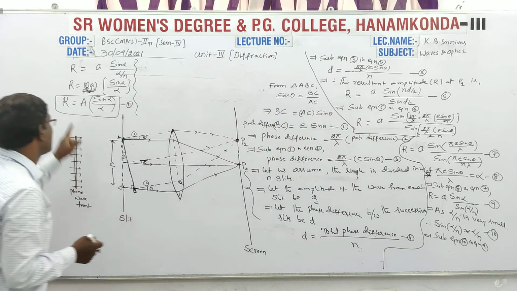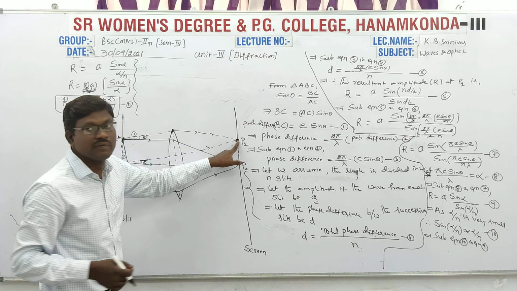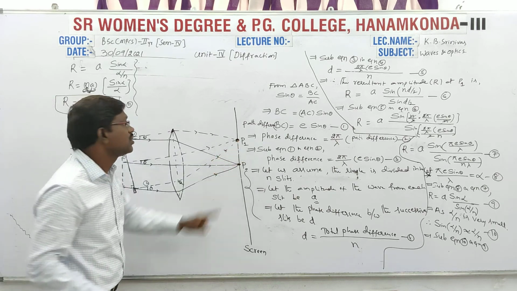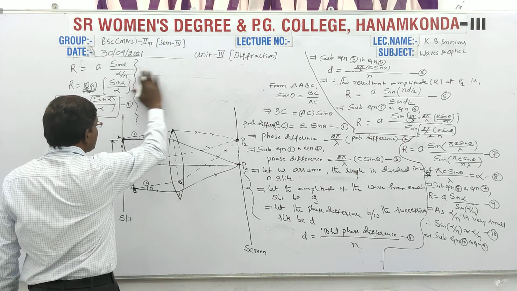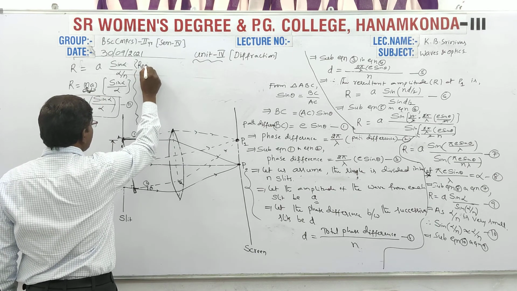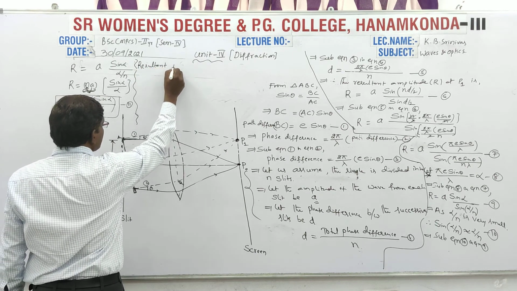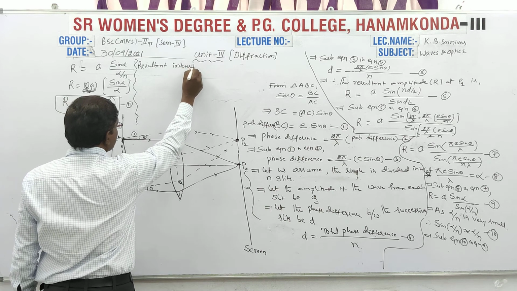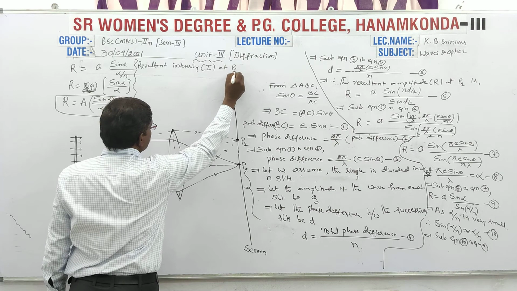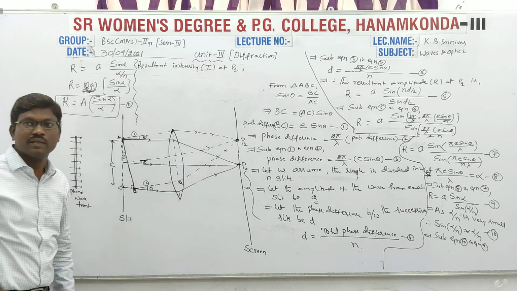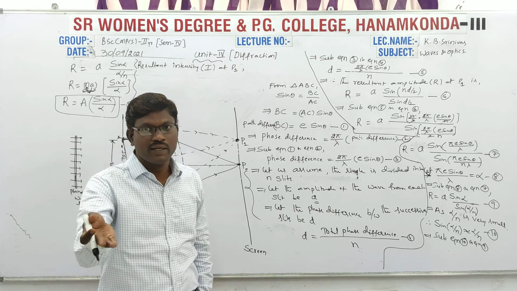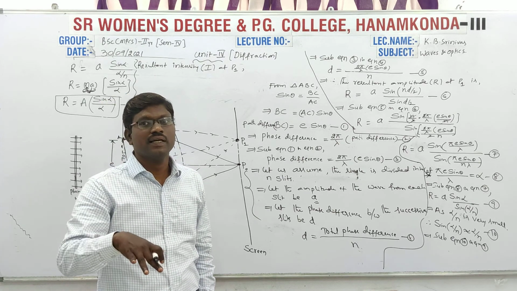Okay? I have calculated the resultant amplitude at P1. From this I can calculate the resultant intensity at P1. What is the relation between intensity and amplitude? If the amplitude is squared, we get intensity.